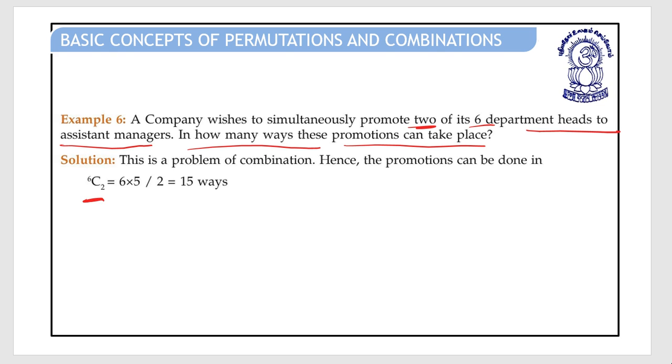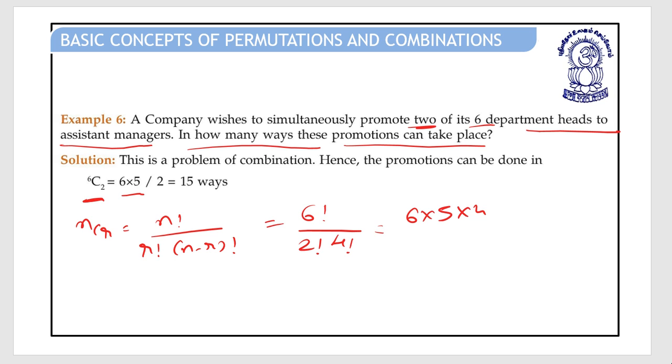So 6C2. nCr is n factorial upon r factorial, n minus r factorial. 6 factorial upon 2 factorial, 6 minus 2, 4 factorial. 6 into 5 into 4 factorial upon 2 into 4 factorial. 2 3s are 6, 3 5s are 15 ways. Number of ways is 15.